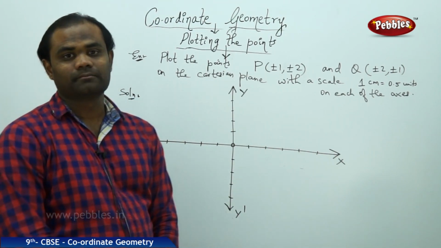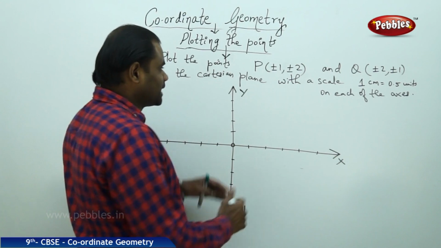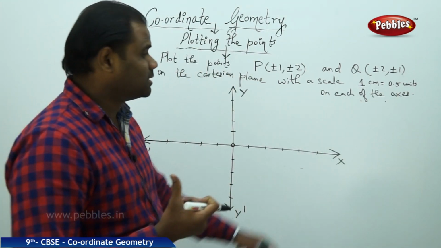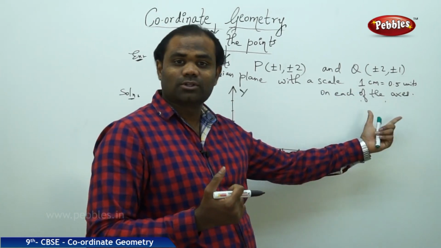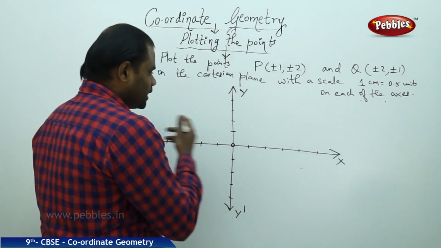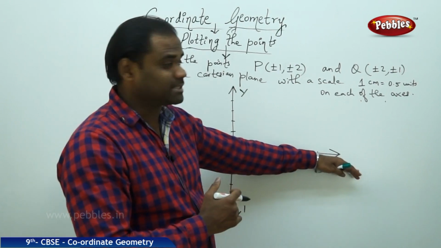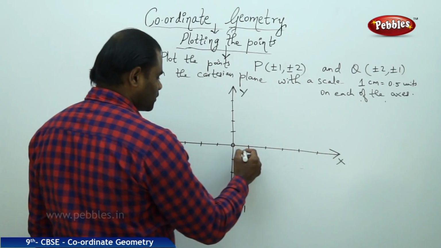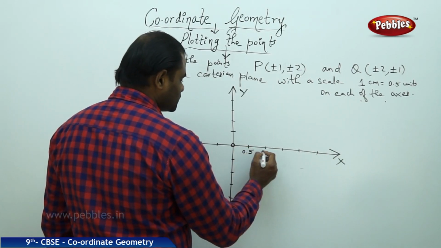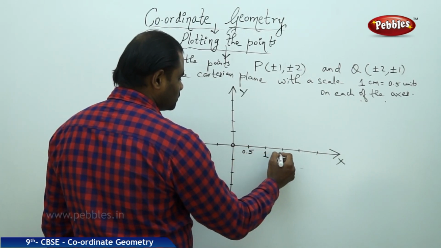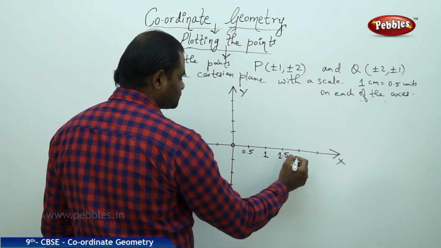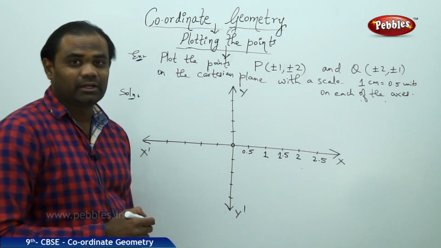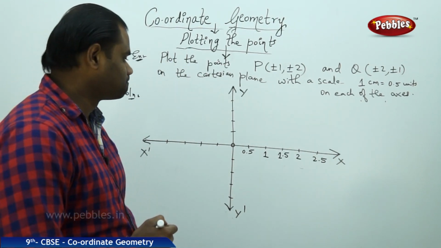and then here. Now on each of the axes, both on x and y axis, the scale is the same, which is what the question refers to. So on the x axis, starting initially with the x axis, my 1 centimeter is 0.5 units, and therefore this moves each of 0.5, 1, 1.5, 2, 2.5, etc., as in the previous problem.